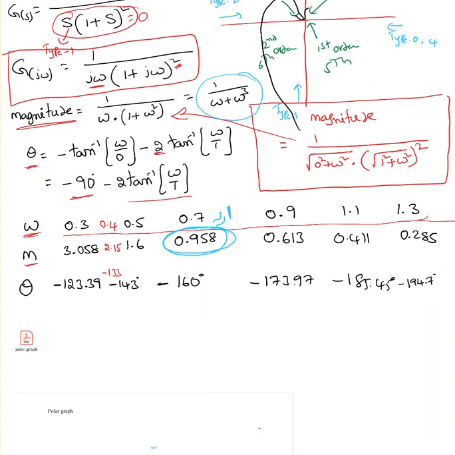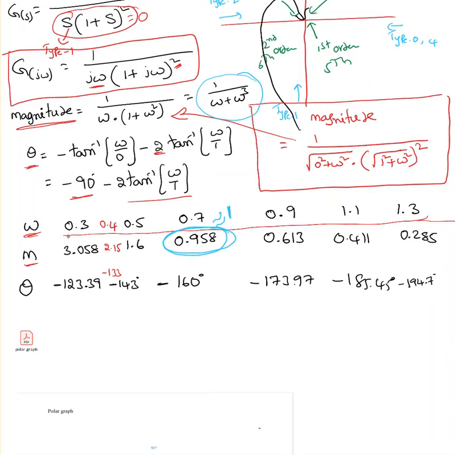If you have 5-6 points, I think that's good enough to draw a plot. To get that 1, by inspection, I just substituted 0.5, 0.6, 0.7. When I substituted 0.7, I ended up very close to 1. So I chose 0.7, and then 0.5, 0.3, 0.9, something like that.